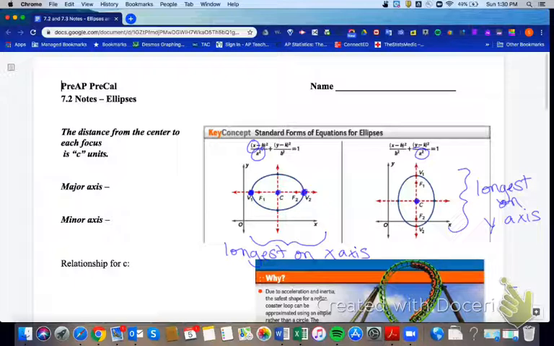It's longest on the x-axis, so the vertices are on the x-axis. The longest axis is always called the major axis. And so then the shorter, squattier part of the ellipse is called the minor axis.